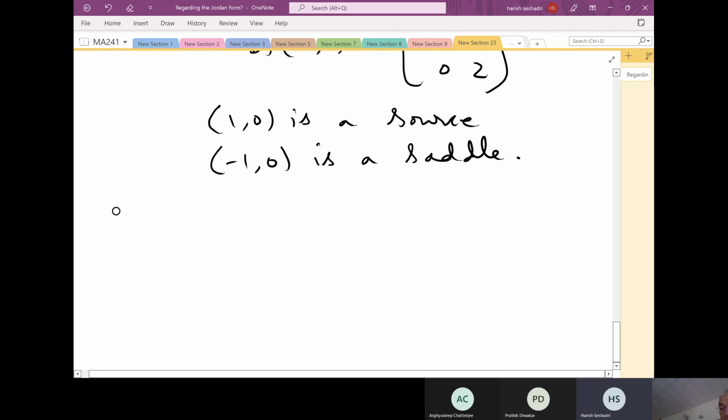But more interesting, I said that there are some non-trivial theorems. One of them is the Hartman-Grobman theorem, which says that when you have a hyperbolic equilibrium point, you draw the phase portrait.